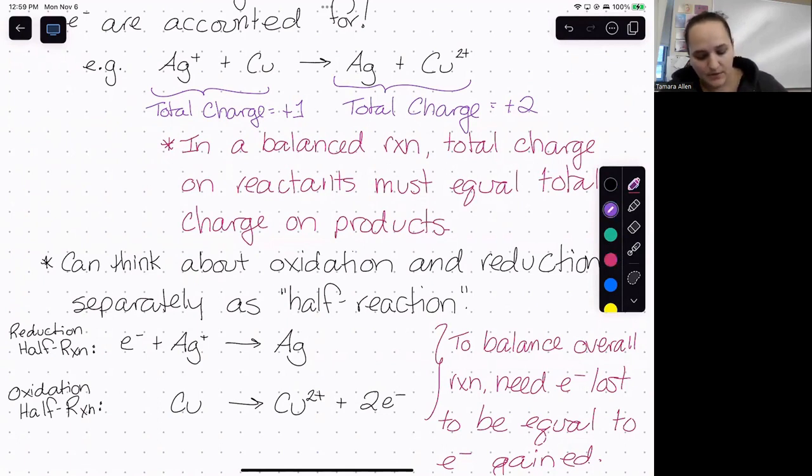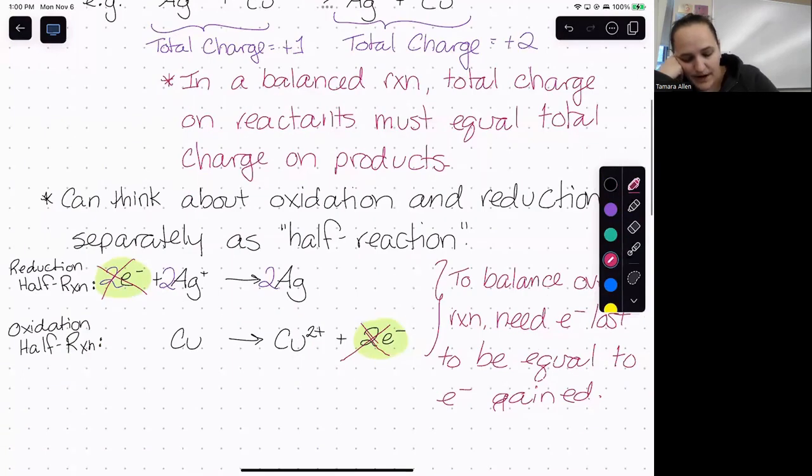So in this case, we would need to multiply our first half reaction through by 2, and note that we do have to multiply every single thing in that half reaction by 2 in order to keep the half reaction balanced. And then when we put this back together, my electrons lost and my electrons gained are going to cancel each other out.